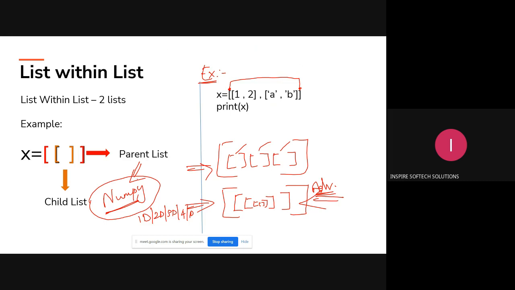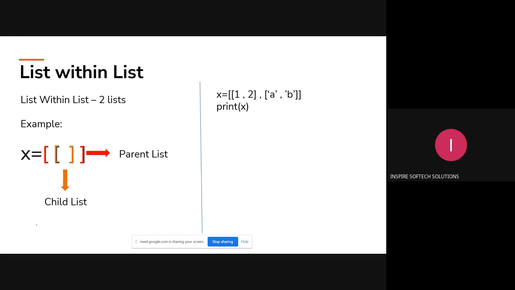Now we'll just see the overview of it. Inside the first parent bracket, I'll be giving one more bracket with the representation 1 comma 2, and one more child with a comma b. That's it, over. Now I have to print x. What will be the output?